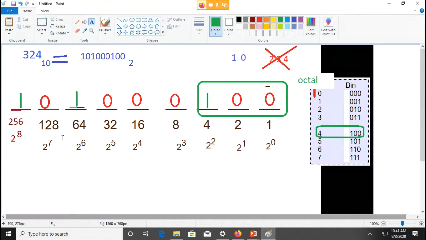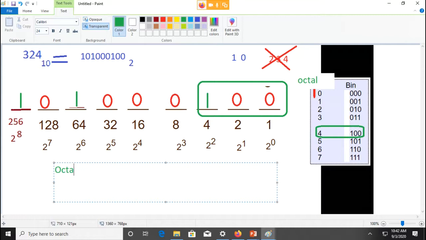Again, the key point of octal is that the octal numbering system has a direct relationship with 3 bits in binary. And when you start doing this, you need to start from the right-hand side and start matching bits.